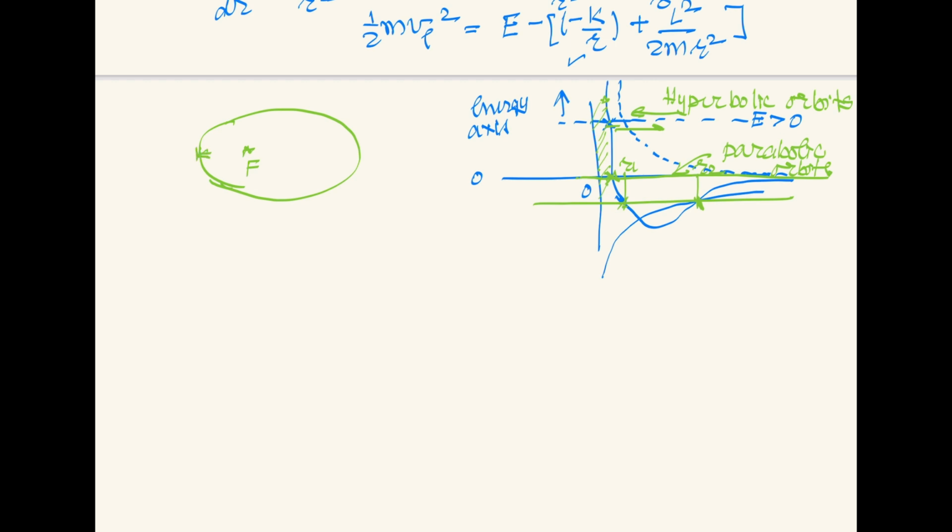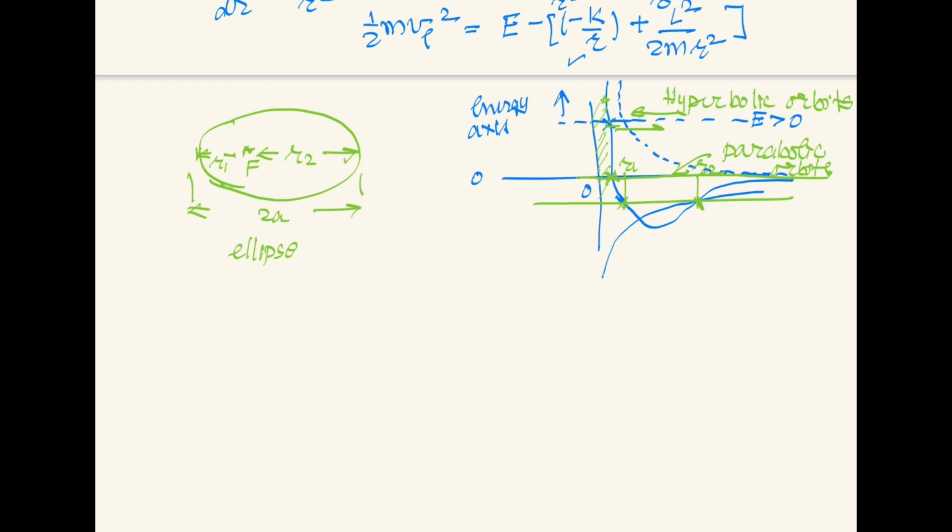This distance is your R1 and this distance is your R2. R1 plus R2 is the major axis, which is twice A, where A is called the semi-major axis. So the shape of the orbit is an ellipse.